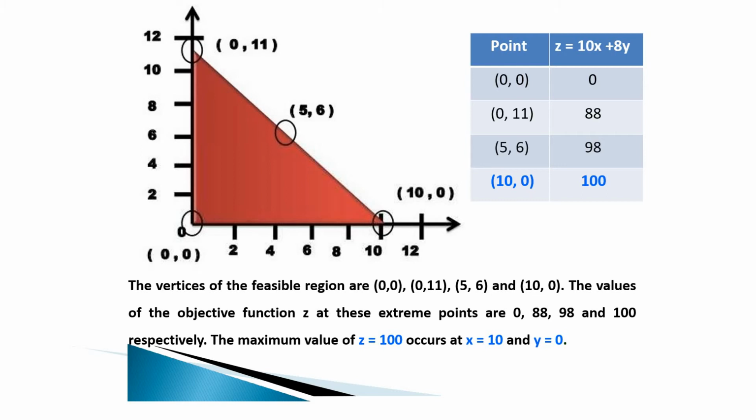We wanted to maximize the objective function 10x plus 8y, so one can see from the table that it is 100. So the optimal solution of my LPP is a maximum value of the objective function of 100, which occurs at x equal to 10 and y equal to 0.